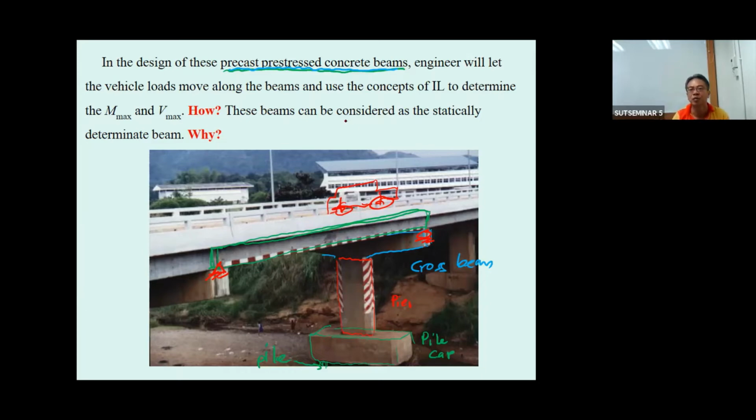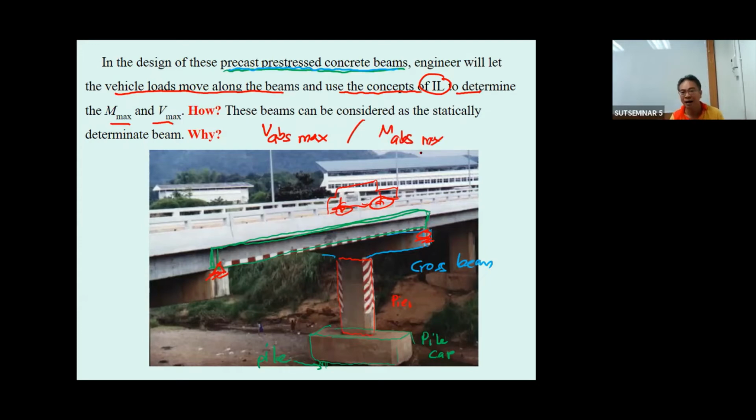So this one, the vehicle load is going to move along the beam, and you have to use the concept of influence line to again determine the M max and the V max. If you go back to the theory of structure, you may recall absolute maximum shear, and also absolute maximum moment.